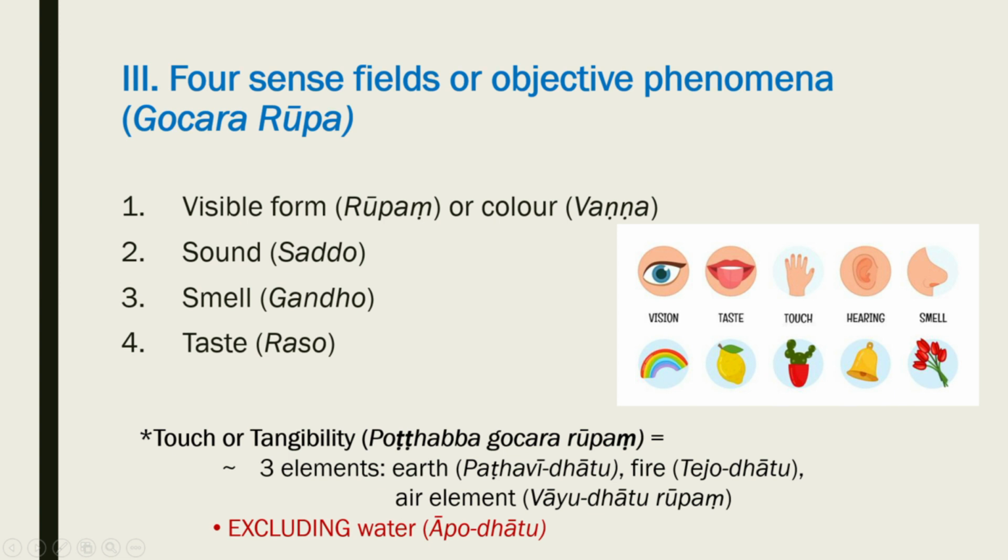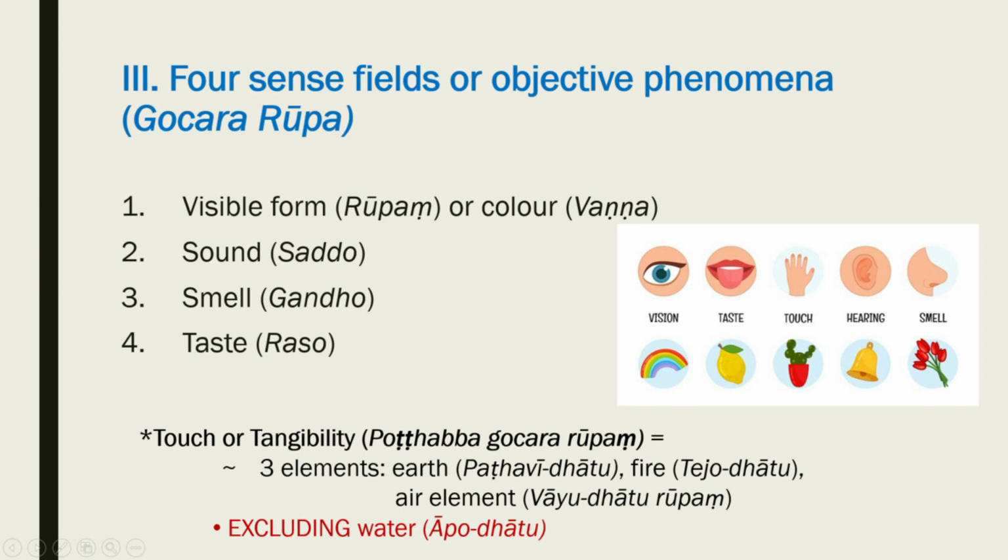Because for body contact, you can only have 3 of them: you can only touch hardness or softness, then heat and the like.